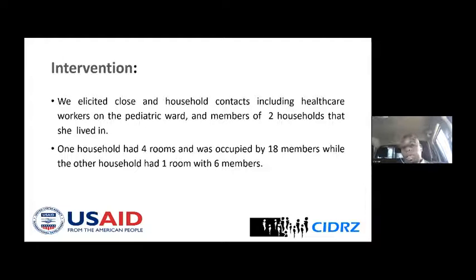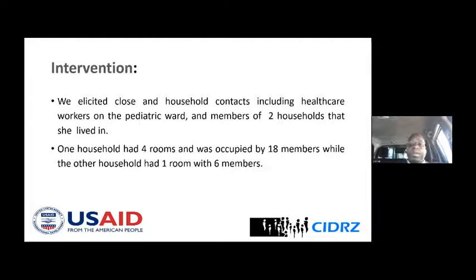There were 18, and that house had only 4 rooms, and this includes the living room, 2 bedrooms, and the kitchen. So it means at the end of the day, all the 18 have to spend the night in those rooms.